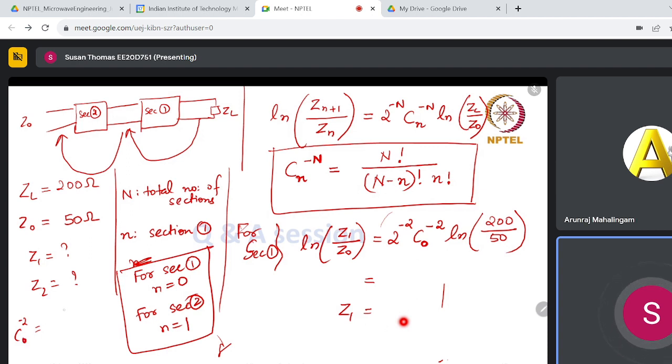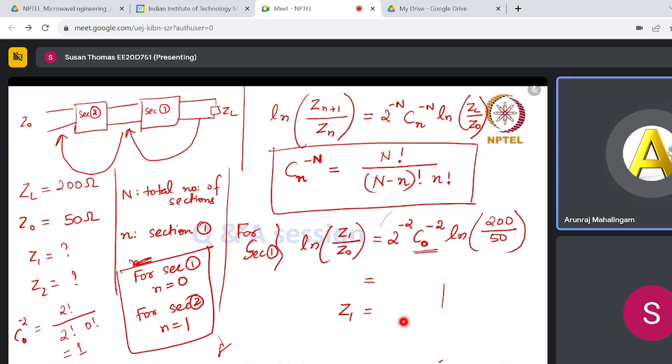What you will do is 2 factorial divided by (2 minus 0) factorial, so that is again 2 factorial, then multiplied by 0 factorial, that is 1. So 2 factorial by 2 factorial is finally 1. So 2 raised to minus 2 multiplied by 1 multiplied by ln of 200 by 50.